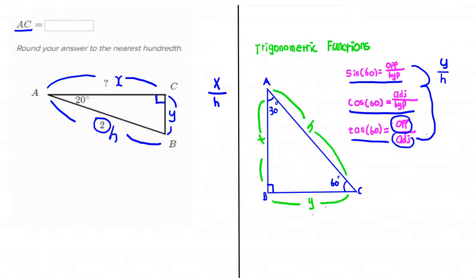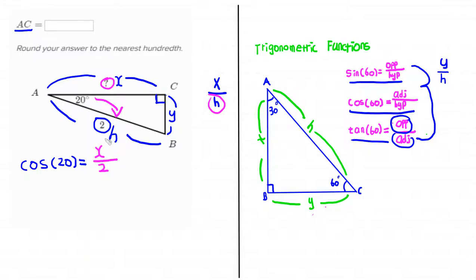Okay, so if you make the equation, it is going to be cosine of 20 equals x over h, where x we don't know, so we just leave it as a variable, over h, the hypotenuse, which is 2.